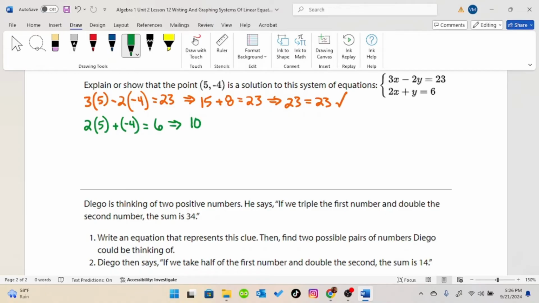If we add -4, that is the same as subtracting 4, and that should equal 6. 10 minus 4 is 6, and 6 does equal 6. Because it makes both equations true, this is a solution to this system of equations.